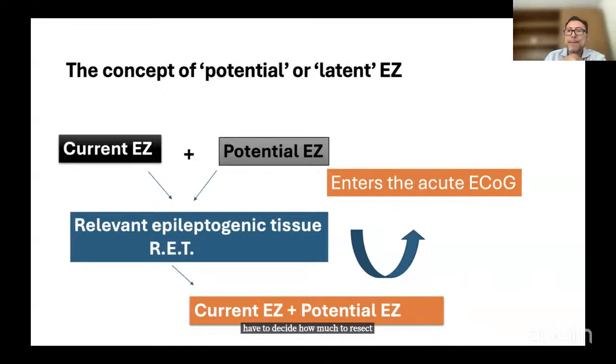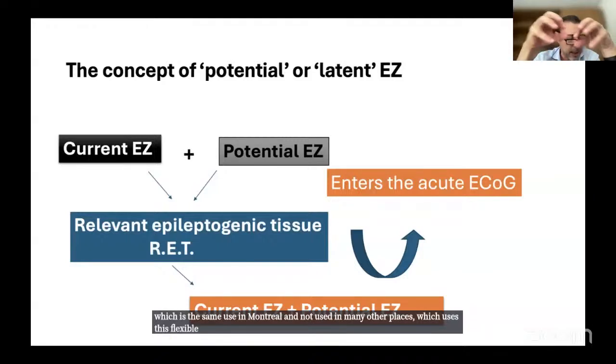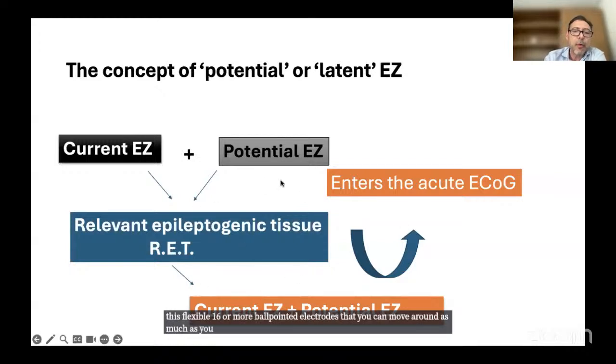And this is something that I believe the acute ECoG may be very helpful, particularly the ECoG we use, which is the same used in Montreal and not used in many other places, which uses this flexible 16 or more ball-pointed electrodes that you can move around as much as you want. And then it's one way that we believe you can go after what I call the relevant epileptogenic tissue.